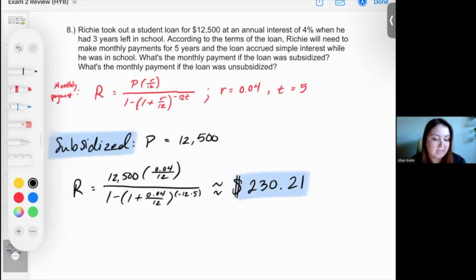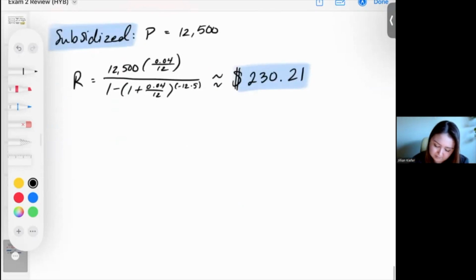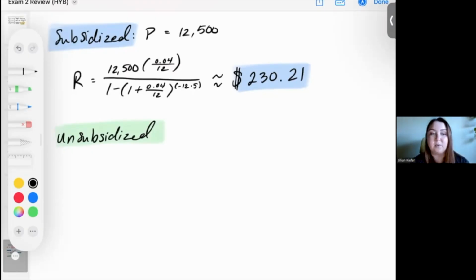All right, now we want to do unsubsidized. We said that our principal will gain interest while Richie was in school. So our principal is going to be the amount after 3 years of gaining that interest.